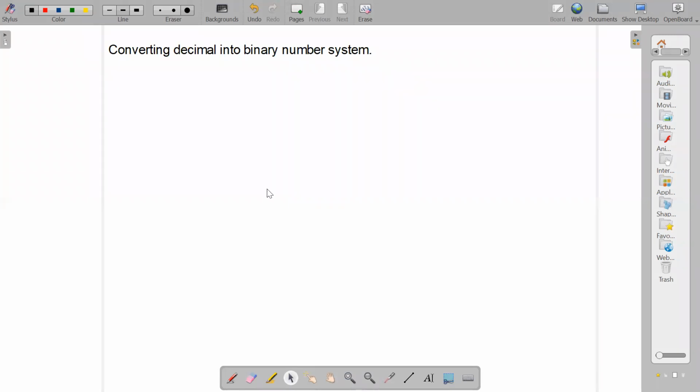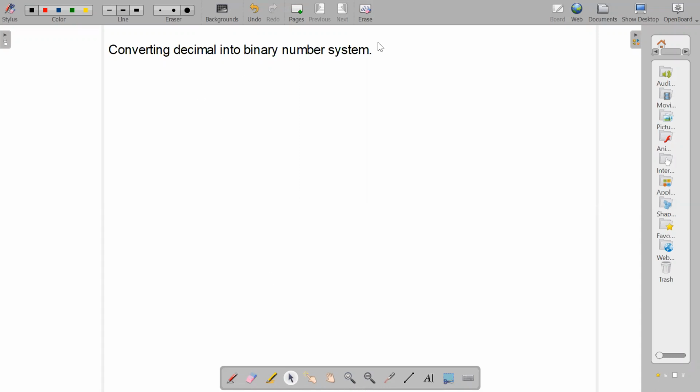While converting binary into decimal, we multiply by base of binary number system, which is 2. While converting decimal to binary number system, we divide by 2.